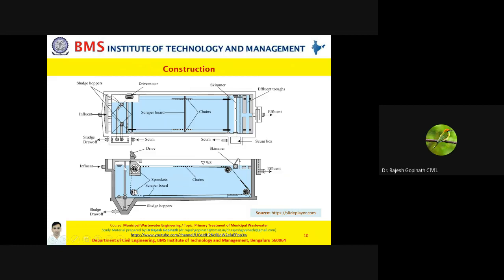You have your settling zone, which is the greatest portion of your sedimentation tank. You can also see some mechanical accessories such as your scrapers and your chains. You also have your sludge zone wherein the sludge is removed. You also have the scum removal portion. We shall understand this better with the further slides.